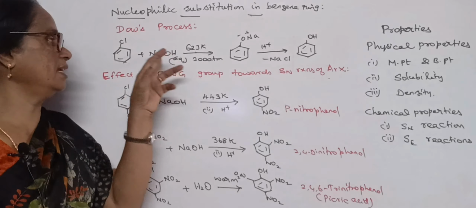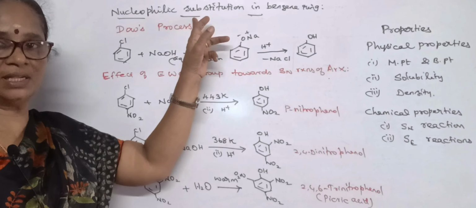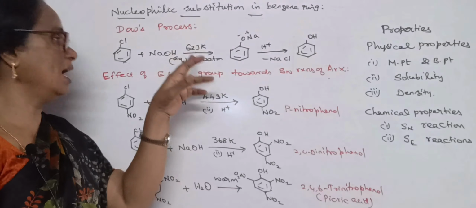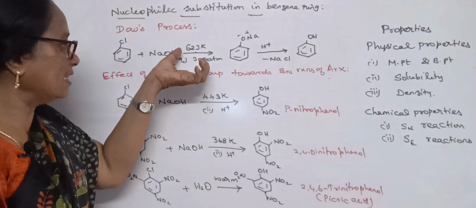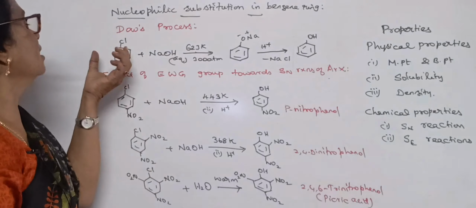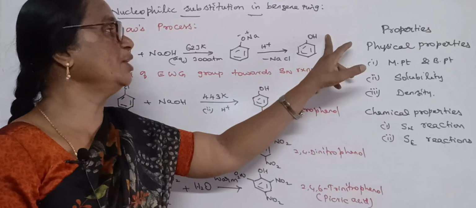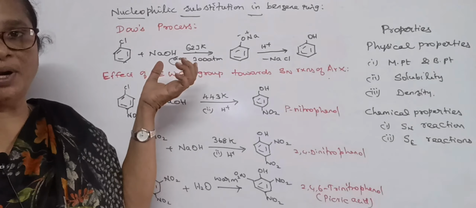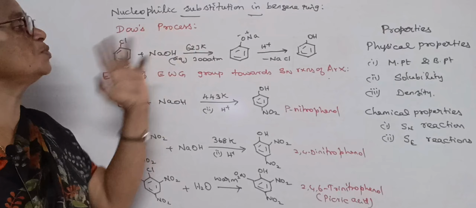Chlorobenzene, when treated with aqueous NaOH at 623 Kelvin and about 300 atmospheric pressure, forms phenol. Under this vigorous condition, the carbon halogen bond can be broken and the nucleophile can be substituted. This was developed by Dow, and hence the process is called Dow's process.